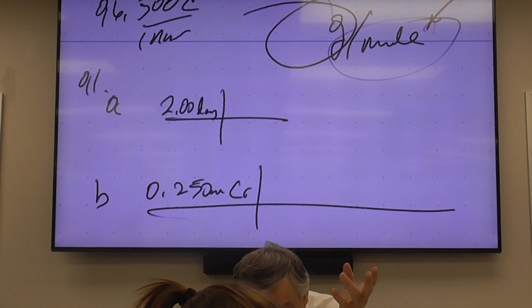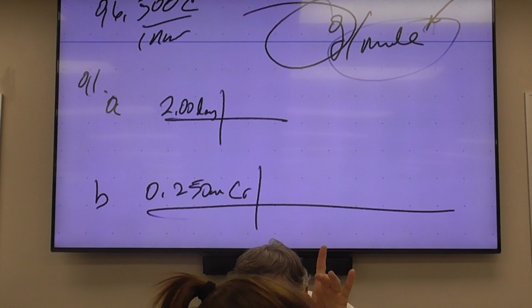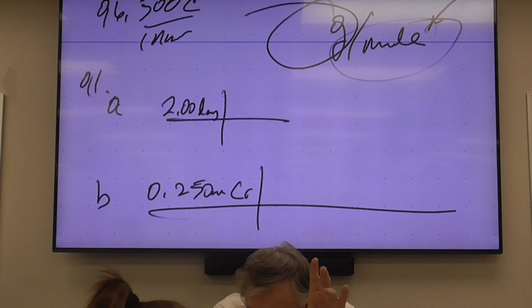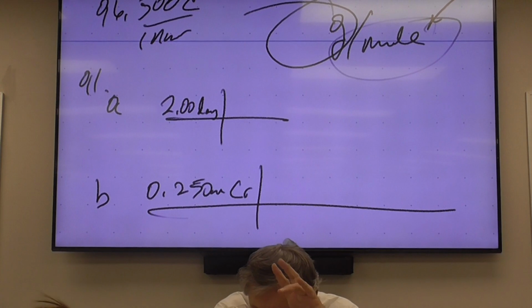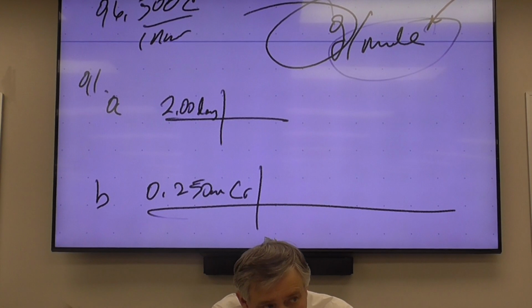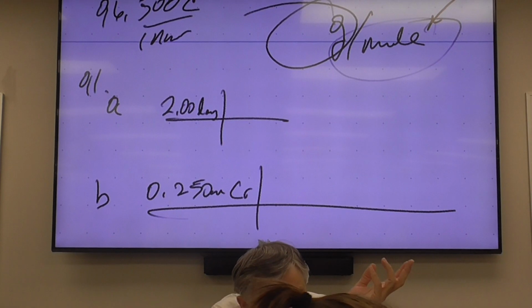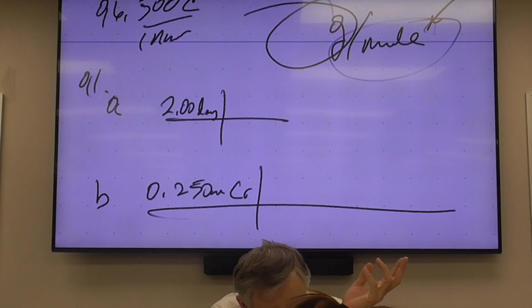On 92, the mass on 92A should be a little bit less than your answer to 91A. About 10-ish.